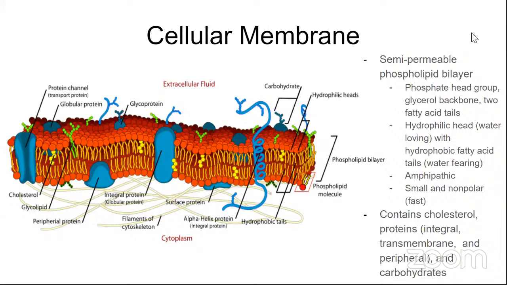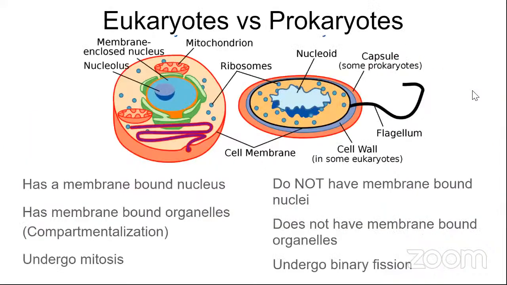So for example, the amino acids that are similar to the hydrophobic tails would probably be the ones that are inside, versus the ones outside. So it's kind of like attracts like.